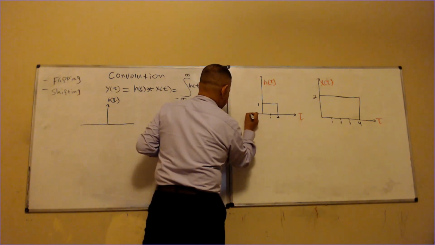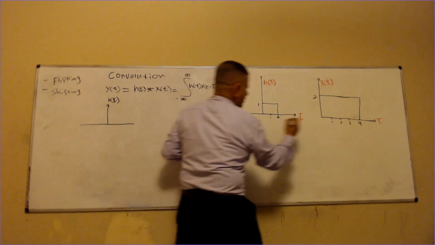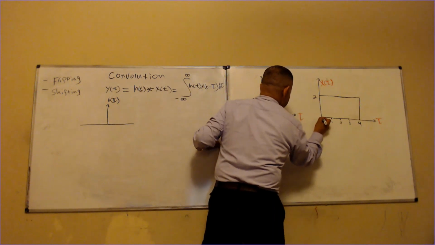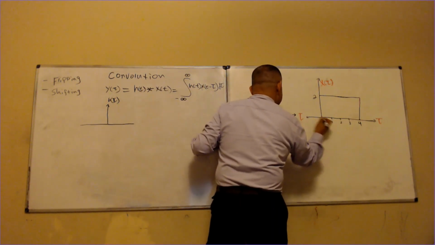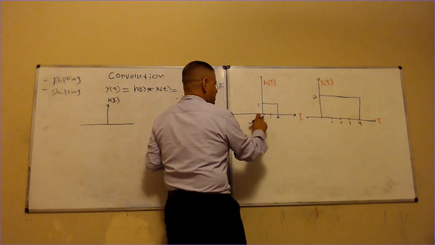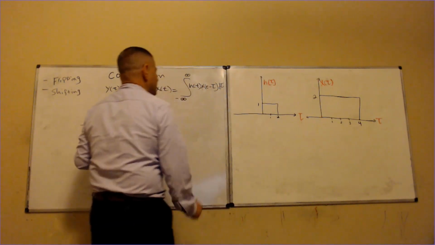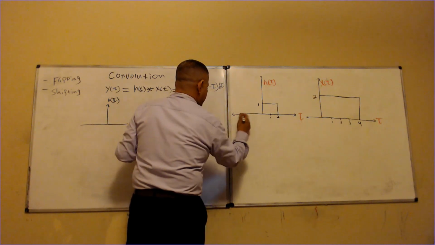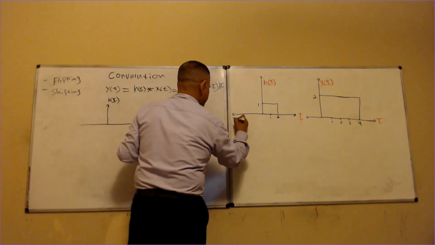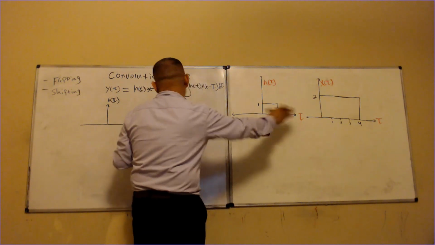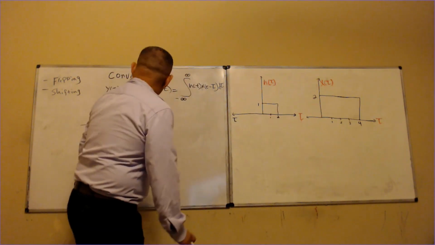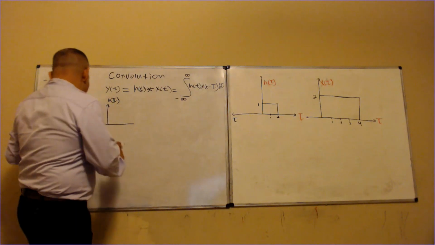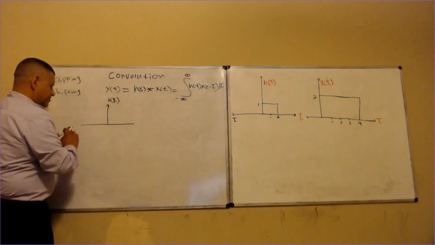Let me just add something right here. This is the origin, right here at 0. So this is tau, right? So tau right here too. That's okay, it's just to represent this. So now I am flipping that.